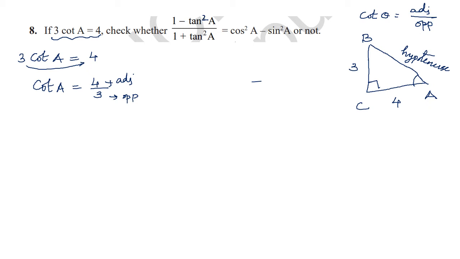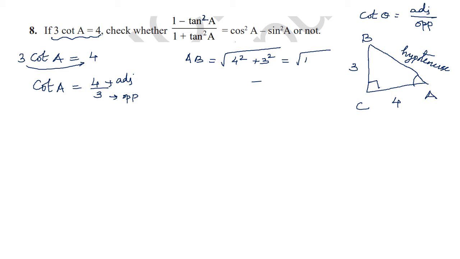Are you following, children? Is this getting clear to you? Okay. Now we got this. So what is next that we have to find out? The hypotenuse. How will you find the hypotenuse? AB is equal to root of 4 square plus 3 square. What will you get?